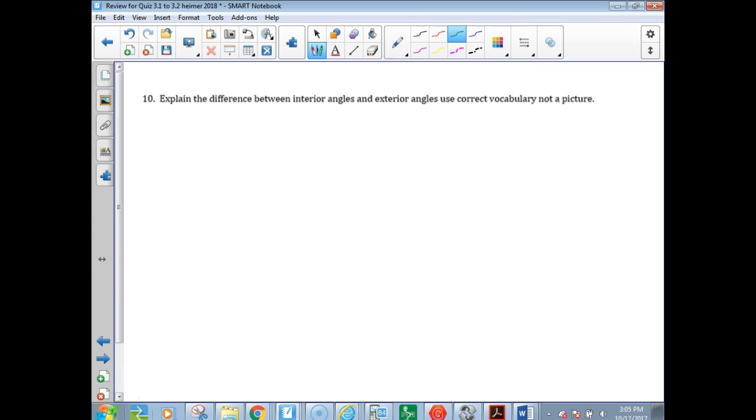And then the next one, interior and exterior, it will not be sufficient to say interior angles are the angles in the interior of the lines. That's not enough. You're going to have to say something about when parallel lines are cut by a transversal, angles between the lines are interior angles, and angles outside of those lines cut by the transversal are exterior angles.